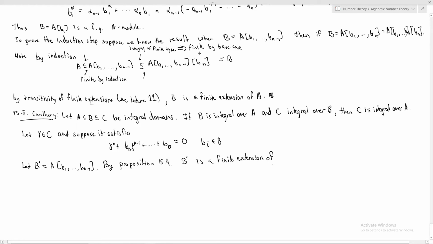B prime is a finite extension of A, since it is integral and of finite type. Okay, now what does that tell me?